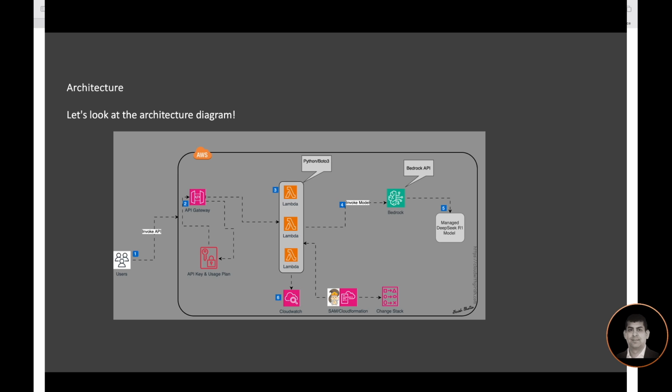The Lambda function is written in Python using the Boto3 library. It's integrated with CloudWatch for logging, and then it's invoking the Bedrock model, and Bedrock is using the managed DeepSeek R1 model. I'm going to use the infrastructure as code approach to build the code, and that's why we have the SAM CloudFormation change step noted here.